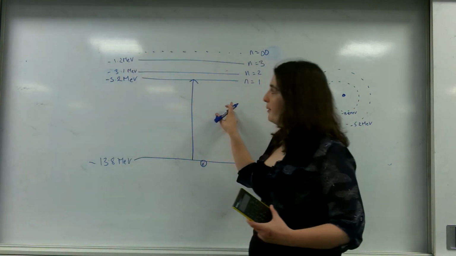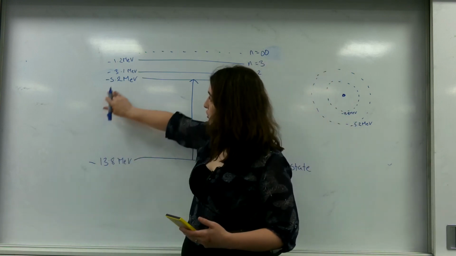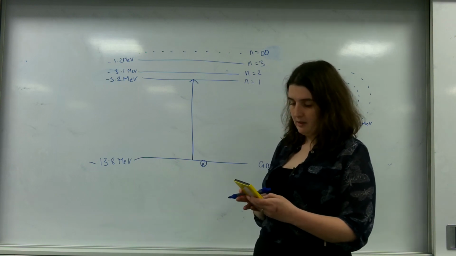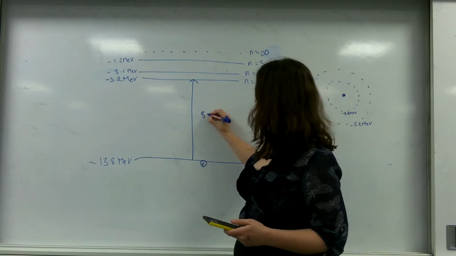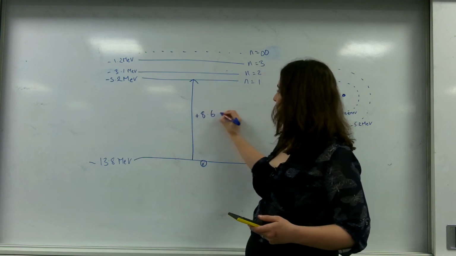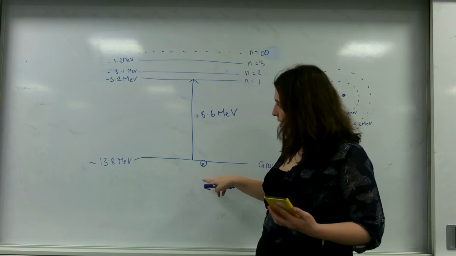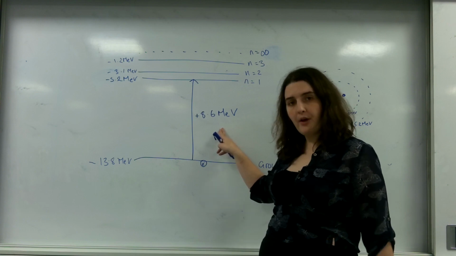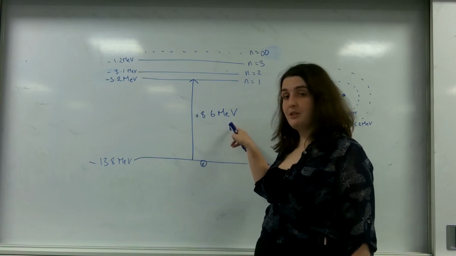Now to do that, I would have supplied it with the difference between these two energy levels. So I would have supplied it with 8.6 mega electron volts. So to go from here to here, that's how much energy I would have had to supply. It's still orbiting the atom, but that's how much energy I supplied.